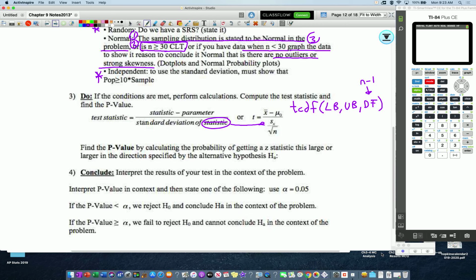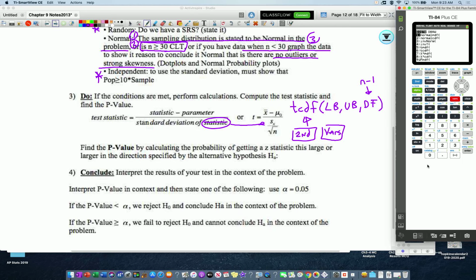To get to tcdf on your calculator, you simply go second vars. On my calculator, tcdf is number 6. Notice how it's asking for lower, upper, degrees of freedom. If you have the old school calculator, you just type in lower, comma, upper, comma, and your degrees of freedom. So that's how we get to it.